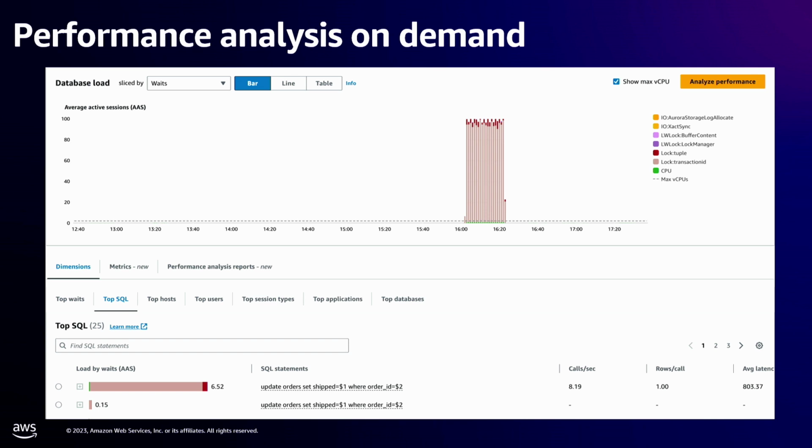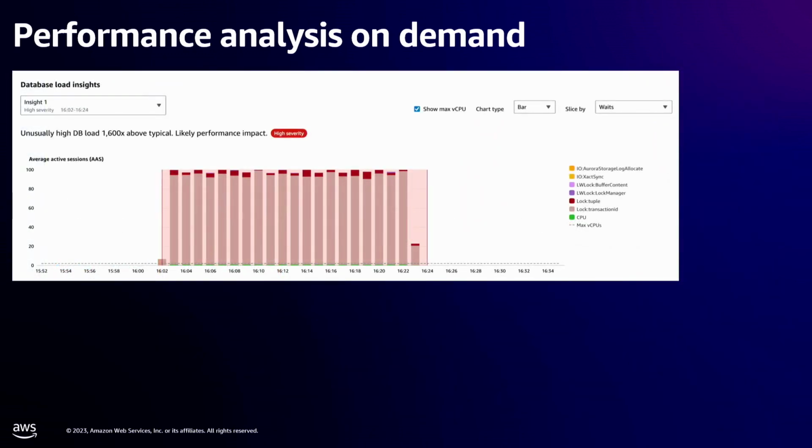You can click on that button, and within a few seconds, receive a performance analysis report that was generated for that time range. That report will tell you several things. First of all, it will tell you whether the database is healthy or unhealthy, and if it's unhealthy, what is the level of that unhealthiness, how unexpected this situation is.